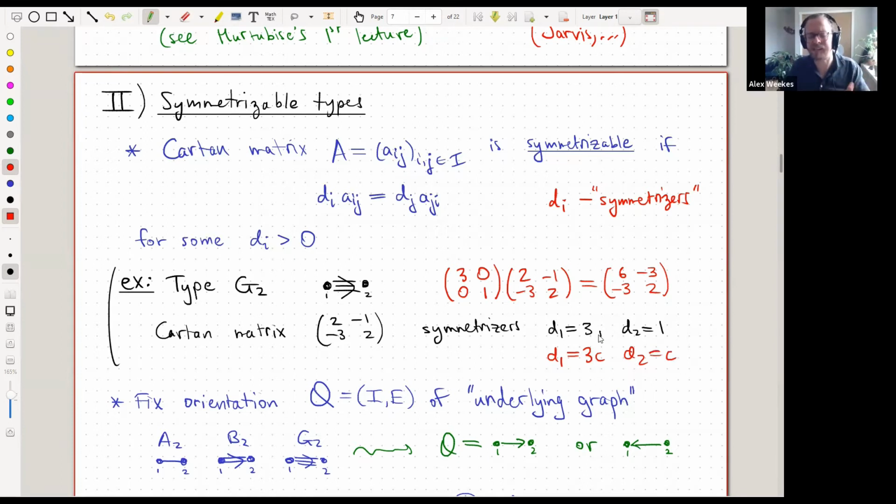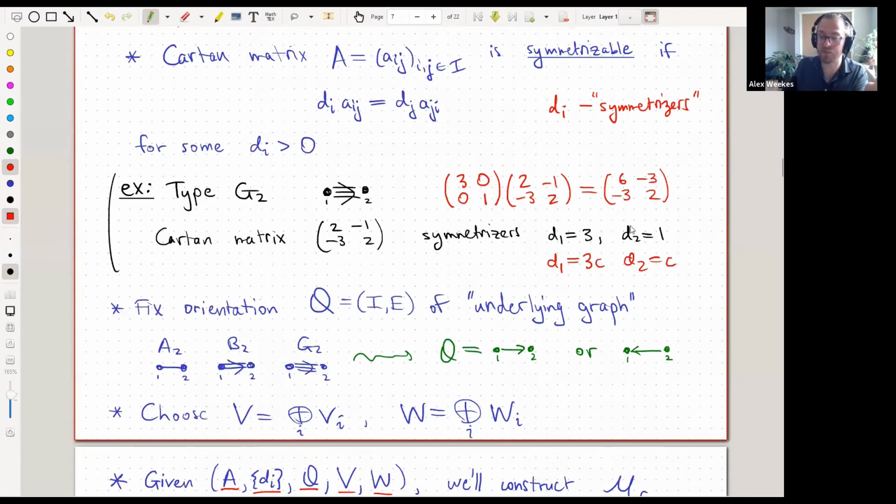Which is to say, it's well defined up to a constant multiple. And for any of the finite types, or more generally for any indecomposable symmetrizable Cartan matrix, the symmetrizers are well defined up to some constant scalar. So in fact, you can pick a minimal one. I've chosen it in such a way that they're relatively prime, but you can more generally put whatever number here you want.